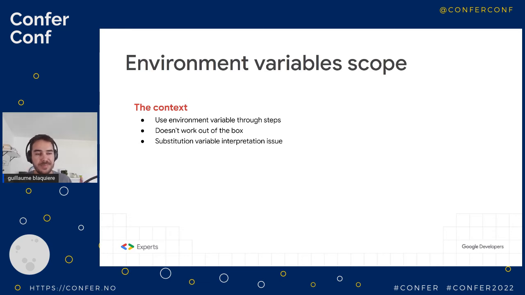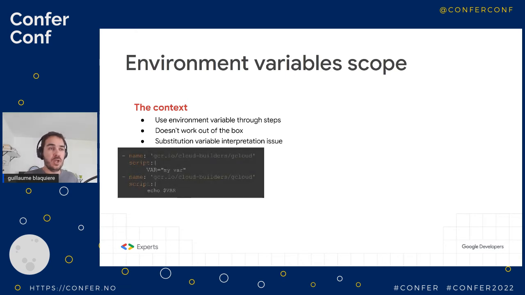Also, you have a special way to use your own environment variables, because if you don't use the correct syntax, Cloud Build will interpret that as substitution variables. We'll see that just after. And it can lead to a misunderstanding of your script by Cloud Build.